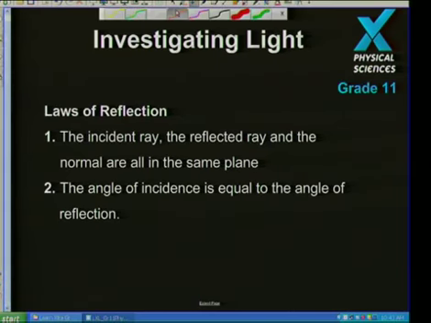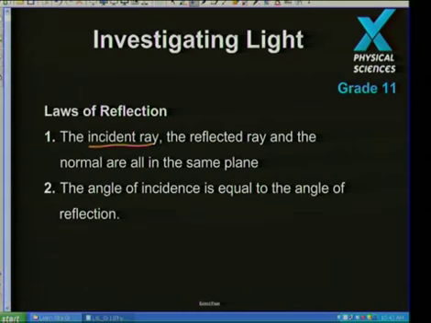The first one says the incident ray, the reflected ray, and the normal are all in the same plane. What do we mean by that? It means you can take a piece of paper, and if you've got the incident ray over here, the normal will lie on that same piece of paper, and so will the reflected ray.